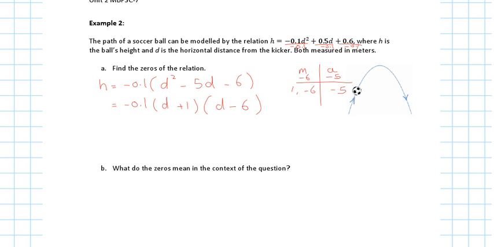How can you find the zeros? Set each bracket equal to 0. So d plus 1 equals 0. That means your distance is negative 1. And then d minus 6 equals 0. So that means your distance is 6.